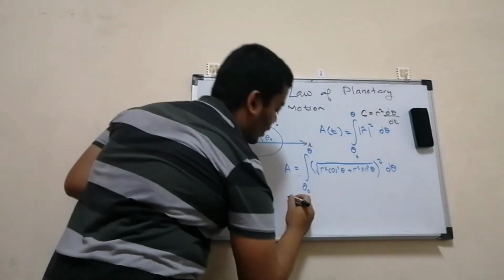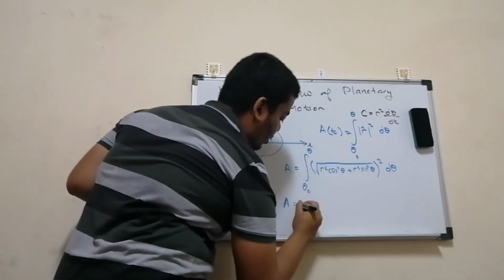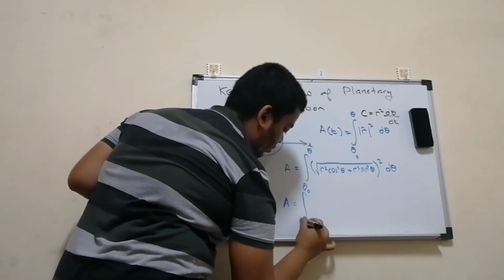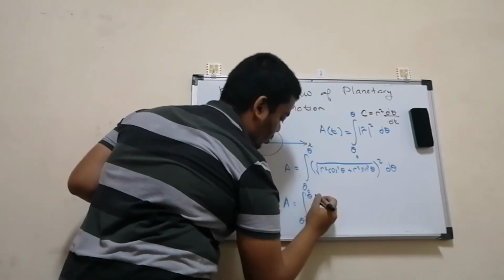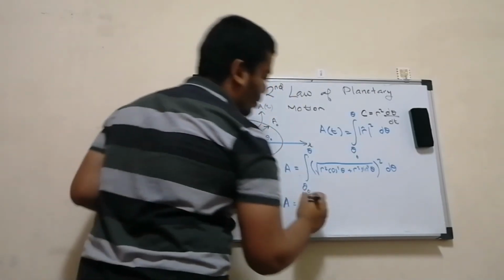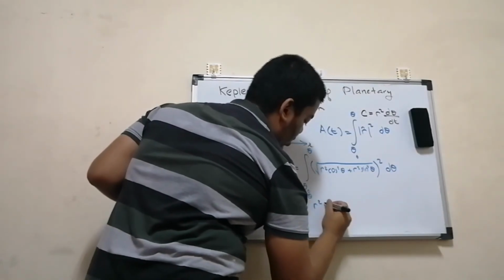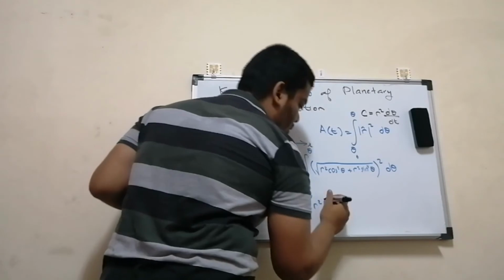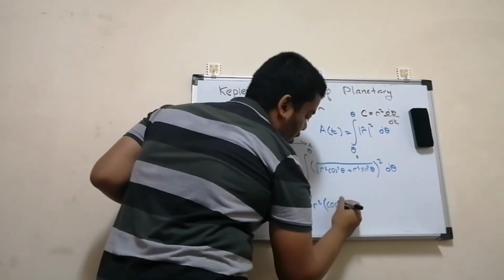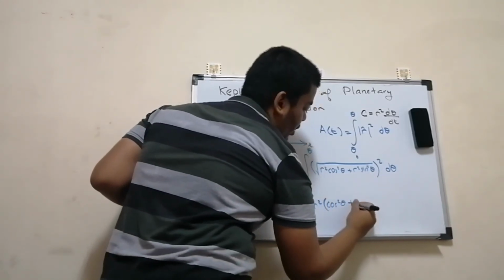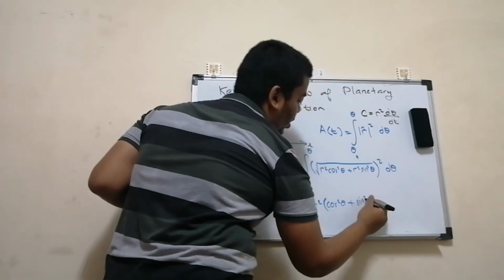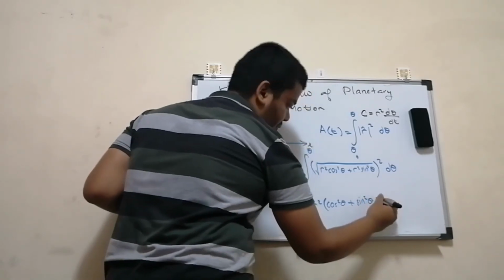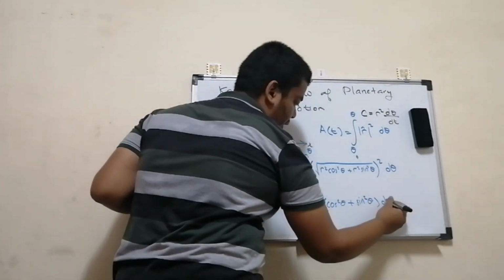The area is given by this, and then you can further simplify it. If you further simplify this, take r squared common, since square and square root will cancel. We'll have r squared times cos squared theta plus sine squared theta, d theta.